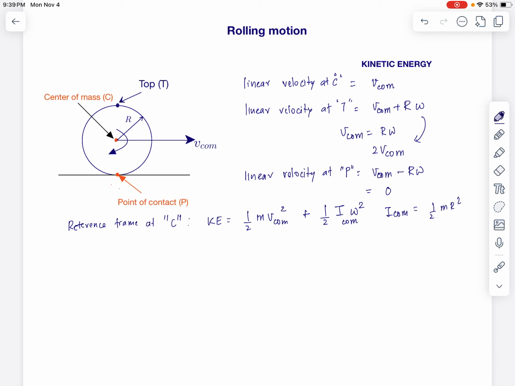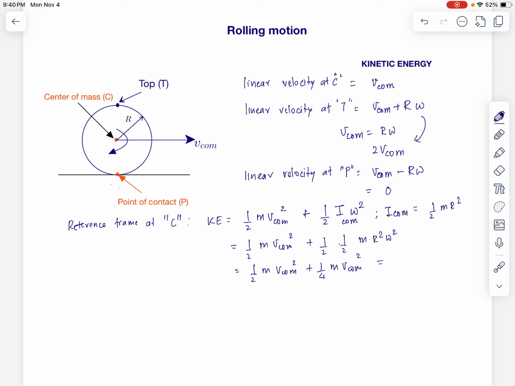So this expression can be written as half m v center of mass square plus half times half m r square omega square. And r square omega square is nothing but v center of mass square. So let's write it that way: half m v center of mass square plus 1/4 m v center of mass square.